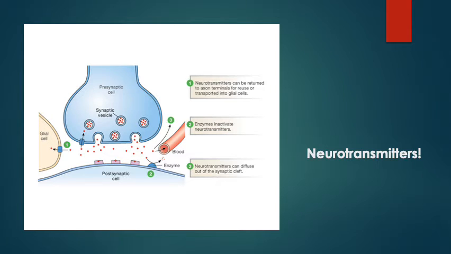It's kind of a relay station. If a neurotransmitter is not secreted by the neuron, the stimulus cannot travel along the nerve pathways. So some of the neurotransmitters you'll be familiar with: acetylcholine, norepinephrine, dopamine, serotonin, amino acids, and polypeptides.